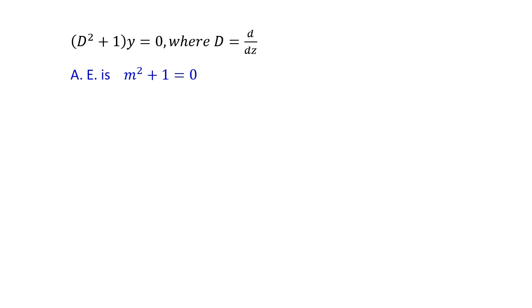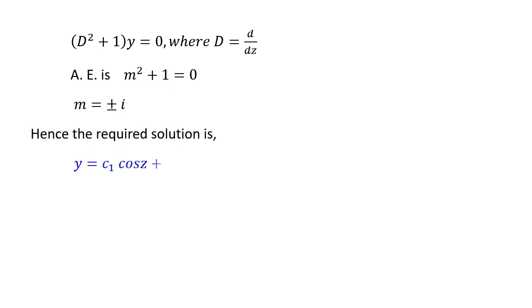Clearly we can find the value of m, that is m is equal to plus or minus i. Therefore, the required solution is y is equal to c1 cos z plus c2 sin z. That is equal to c1 cos of tan inverse x plus c2 sin of tan inverse x, because the value of z that is given in the problem is equal to tan inverse x.